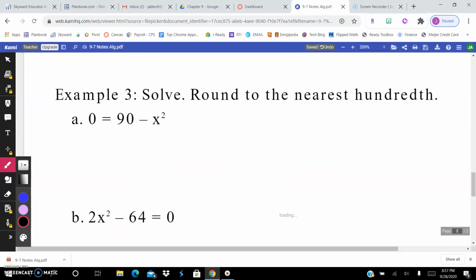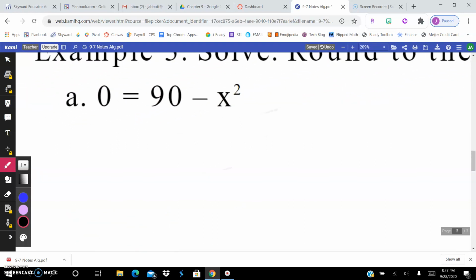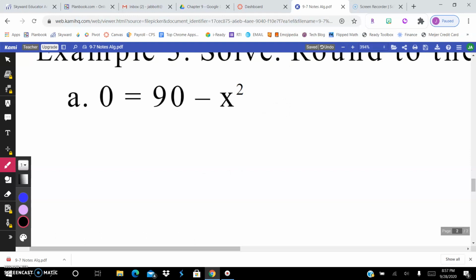And these ones say solve and then round to the nearest hundredth. So because I have 0 over here by itself, what I can do is just add x squared to both sides. If I add it, it's going to become a positive over here. So x squared, and then I'll be left with 90. And then I have to take the square root.